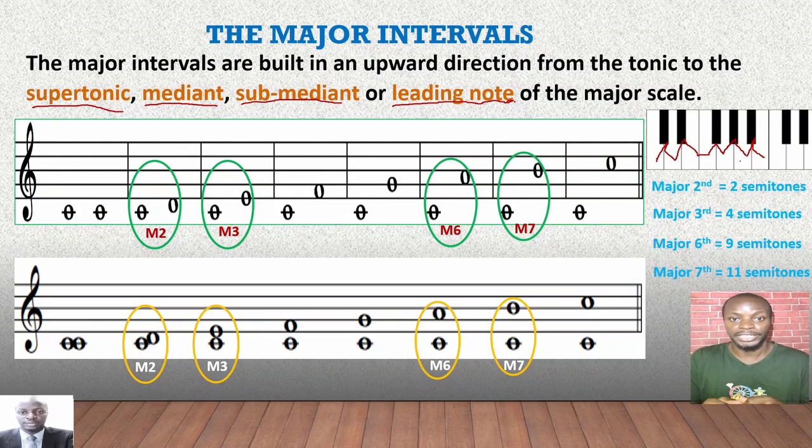So when you pick up any major scale and you have an interval between do and re, between do and mi, between do and la, or between do and ti, all these intervals are major intervals, right? Because we're building them on the major scale, right?